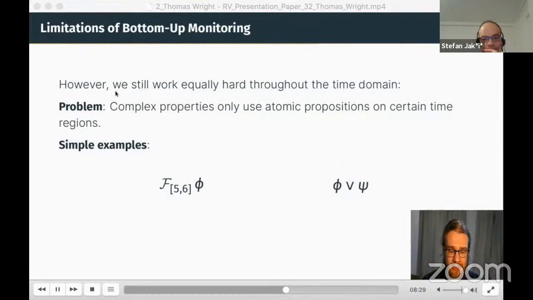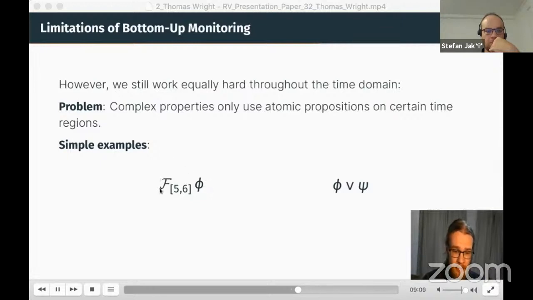However, we are still limited by the very bottom-up nature of our monitoring procedure, which requires us, in order to verify a complex proposition, to first monitor the atomic propositions to the maximum precision possible before then combining them to deal with the complex proposition at hand. This is perhaps unnecessary, as a given complex proposition may only depend on its atomic propositions on a small time domain.